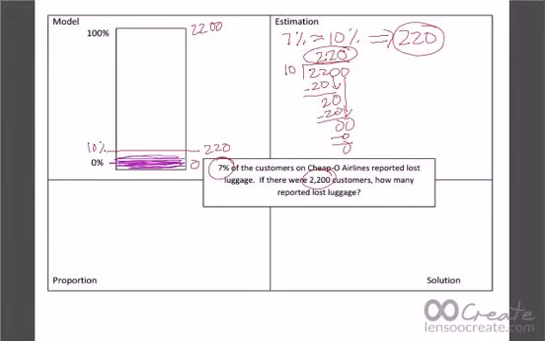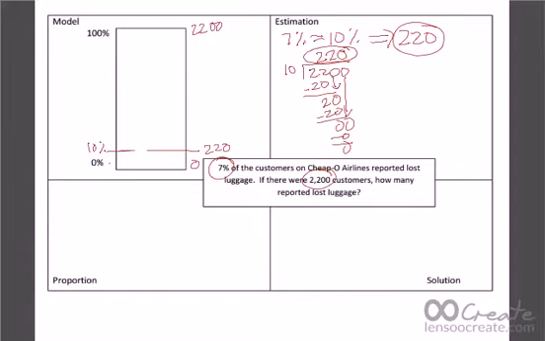So what could I do? Well, here's my idea. I'm going to erase this to help me see what I'm doing. And you're probably going, Ms. Wassmuth, why did you do that?